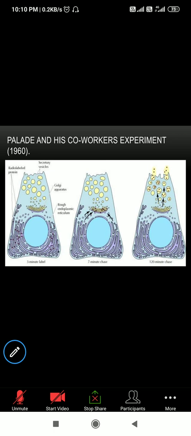They follow the path from the rough endoplasmic reticulum through the Golgi bodies to their final destination. Some proteins travel only the initial steps. These proteins are translated on the rough endoplasmic reticulum membrane, then inserted into the lumen of the endoplasmic reticulum.